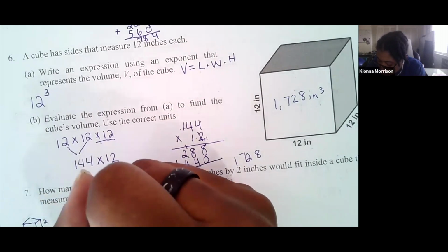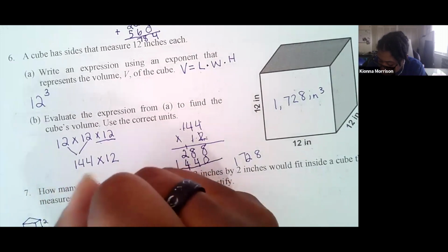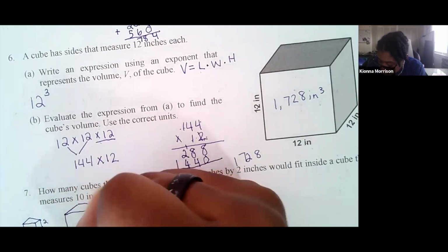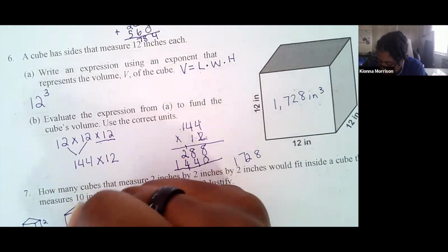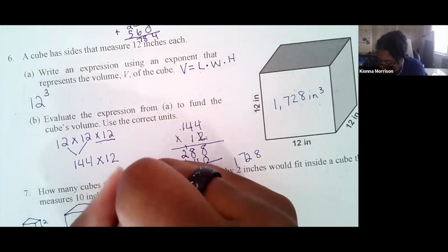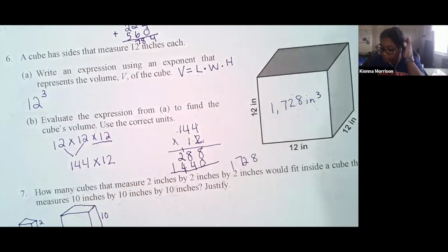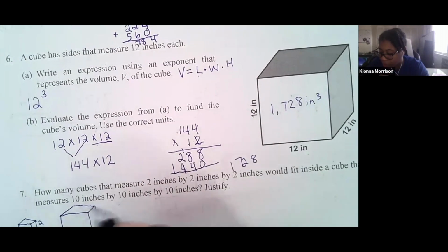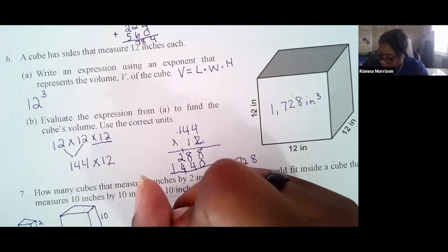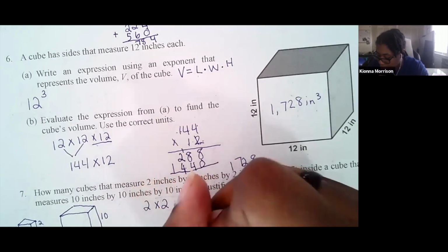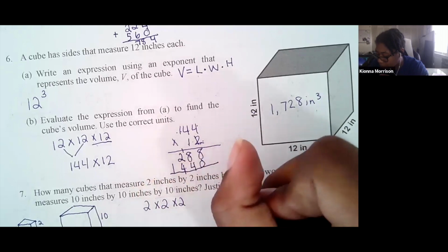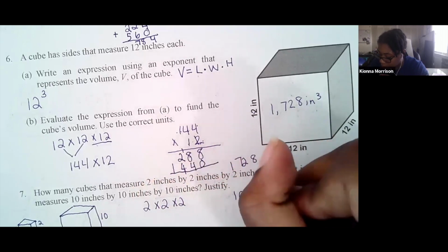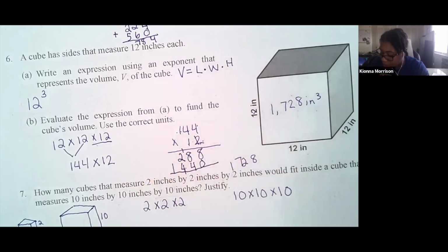I want to know how many of those will fit inside a cube that's 10 by 10 by 10. Okay, so first I'm going to find the volume of a cube that's this large and the volume of a cube that's this large. 2 times 2 times 2, 10 times 10 times 10.